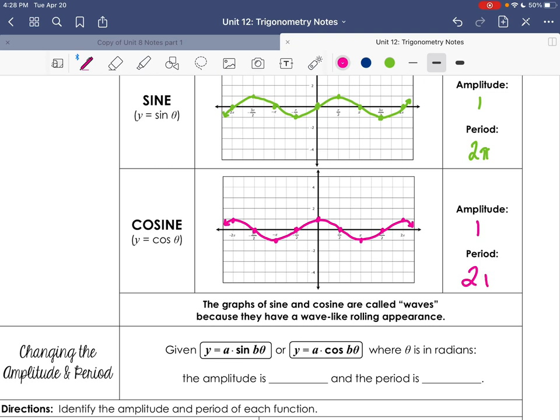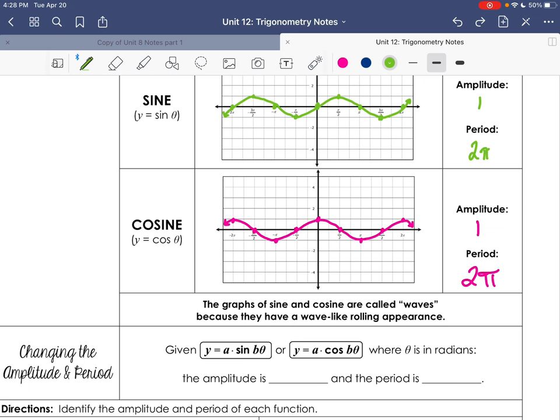The period is still 2 pi, and you can see that if you look here to here. So here's 1 pi, 2 pi. So they're exactly the same. The only difference is sine starts on 0, cosine starts on 1 when you're talking about the y value. So for the cosine, it's like you took the sine curve and just moved it back a half a pi.